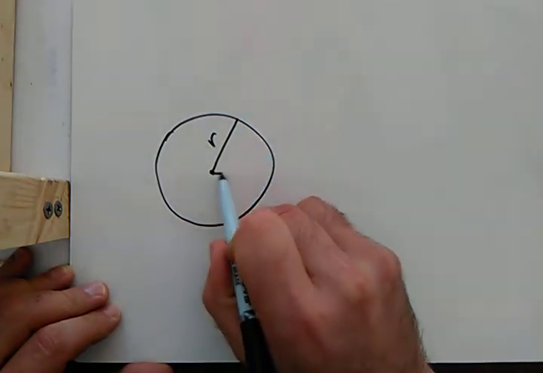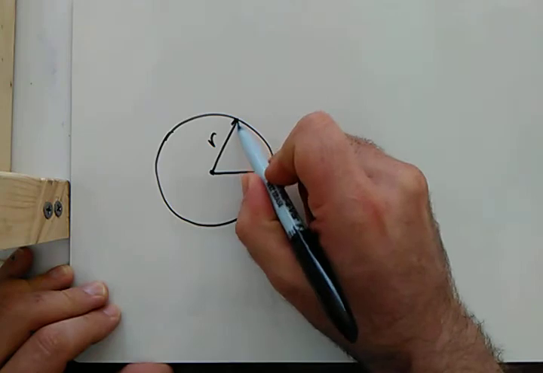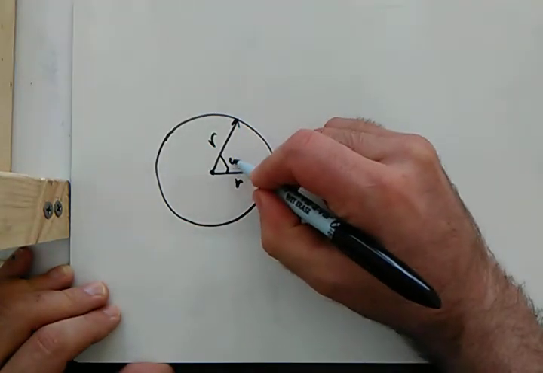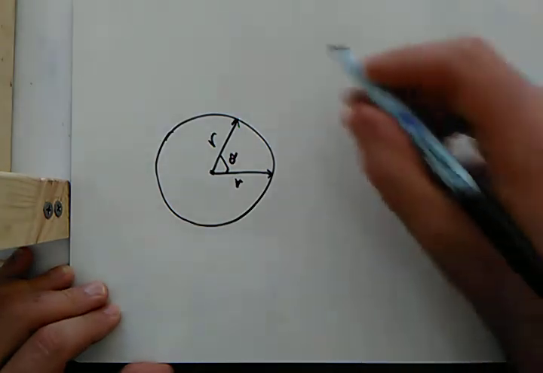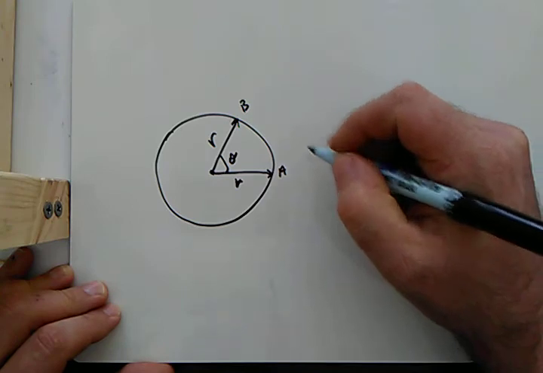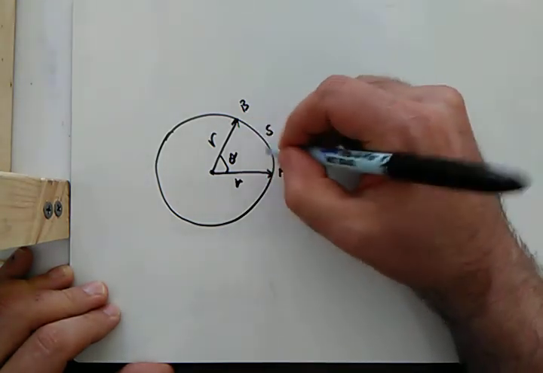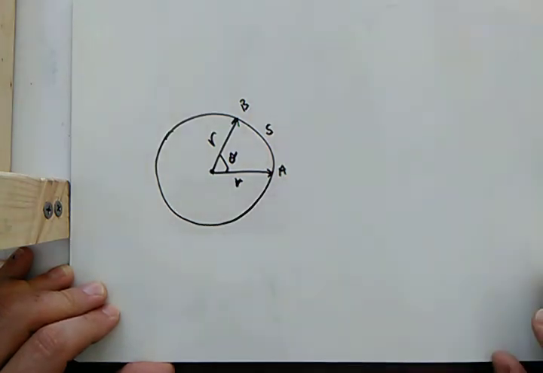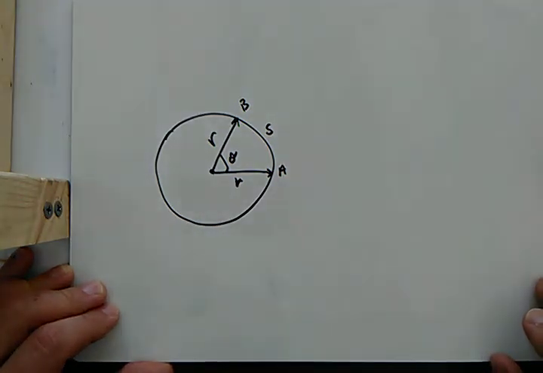Okay, and again, in a circle, the radius is the same. So put another R here. And I'm going to call this angle, and I'm going to call this point B and point A. Okay, this S here is our distance from here to here. So this is the basic diagram of a circle.